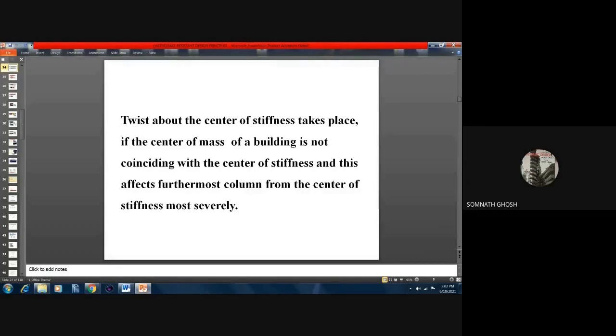Stress due to torsional movement is PR by J, where R is the distance from the center of gravity. So the furthermost column from the center of stiffness, meaning the center of gravity, is most severely affected. Of course, the other columns will be affected, but the peripheral columns are severely affected.